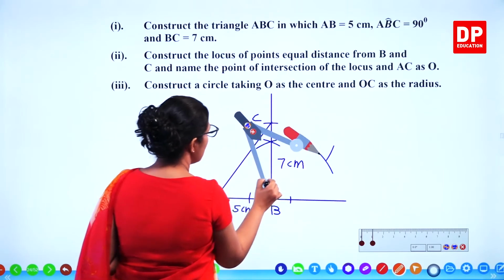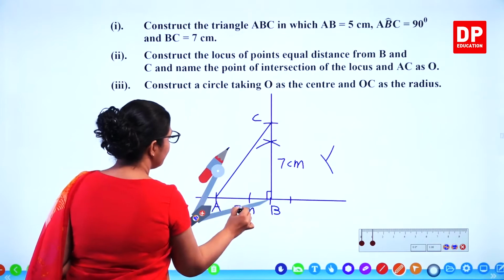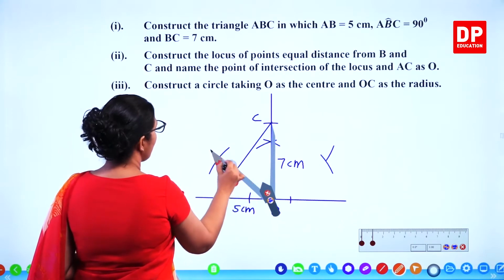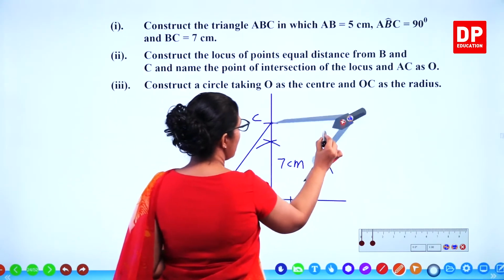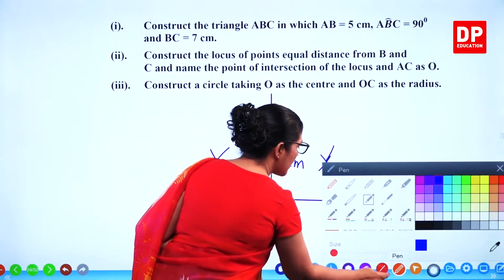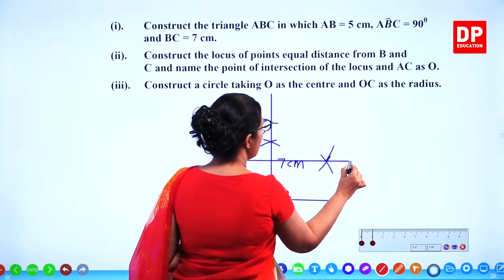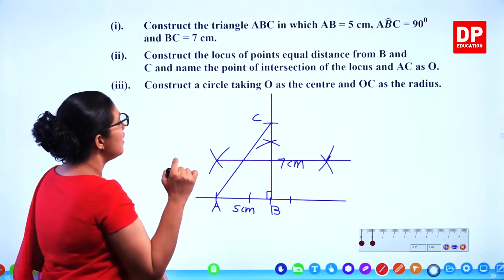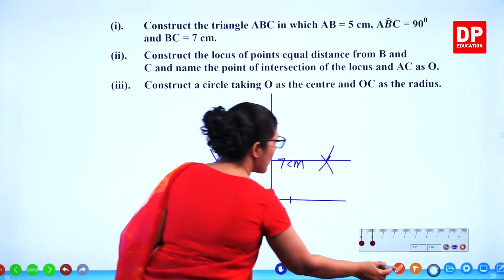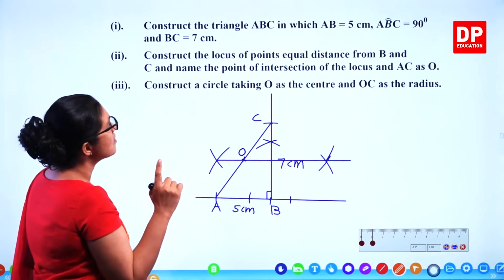So we need other way around as well. Now we can connect this point and this point, that is the perpendicular bisector to B and C points, and then you can mark the intersection point with AC, that's O.